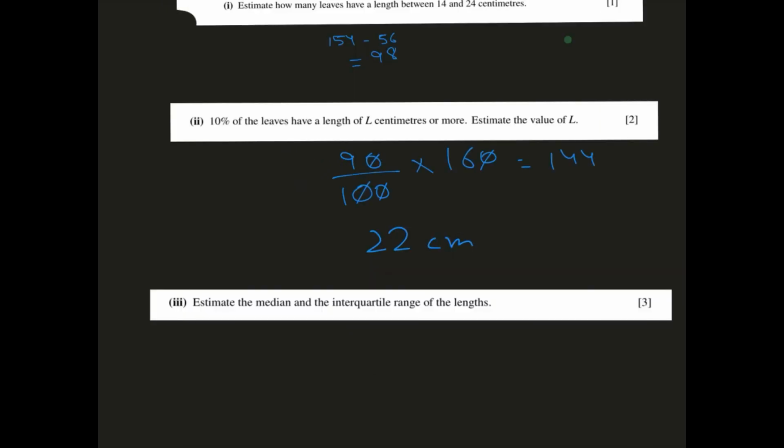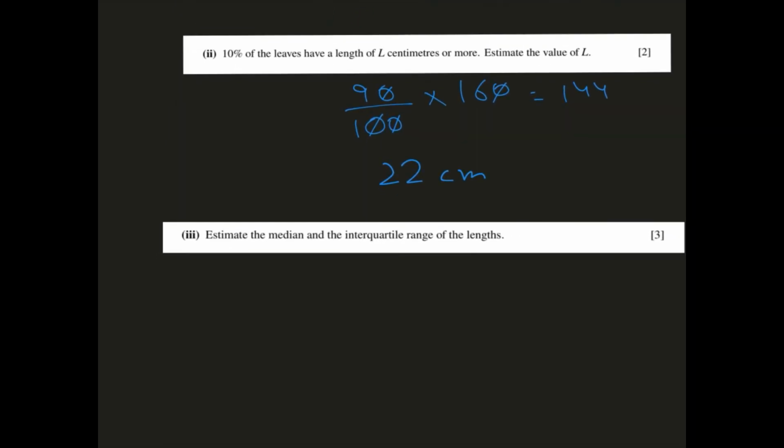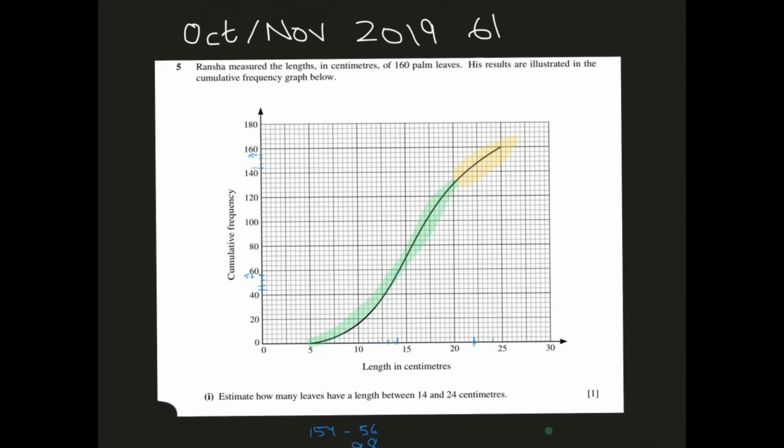And for the last part, they want us to estimate the median and the interquartile range of the lengths. So median is 50%, right? So the value at 50% of our cumulative frequency will be our median. So 50% of our total frequency is 160, since we have 160 palm leaves. So 50% of 160 will be 80, and the value at 80 will be our median.